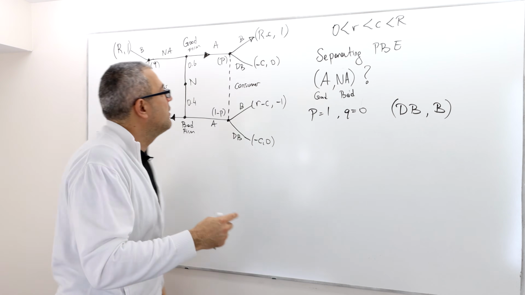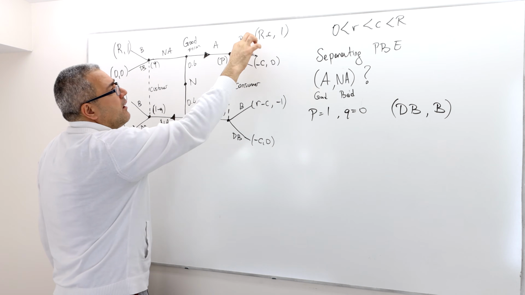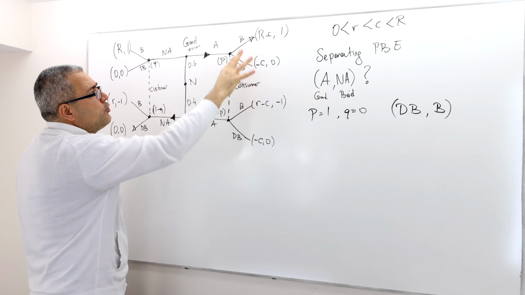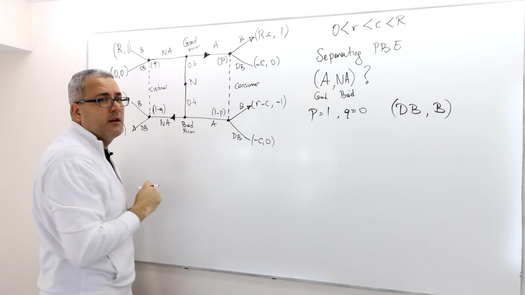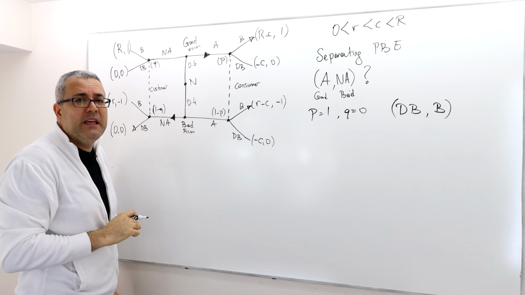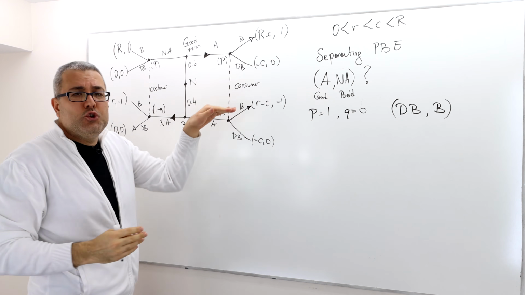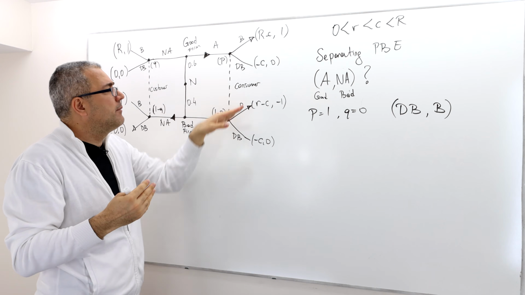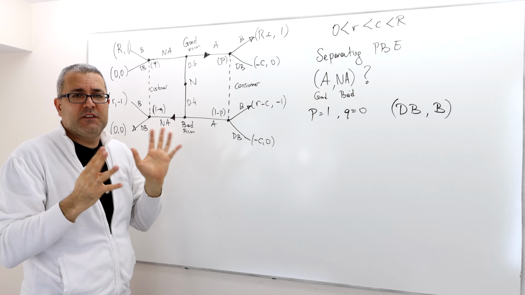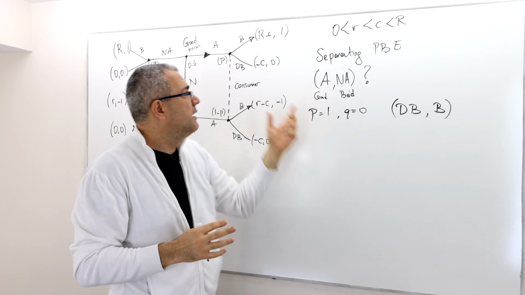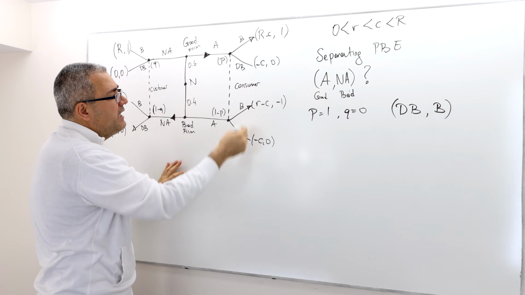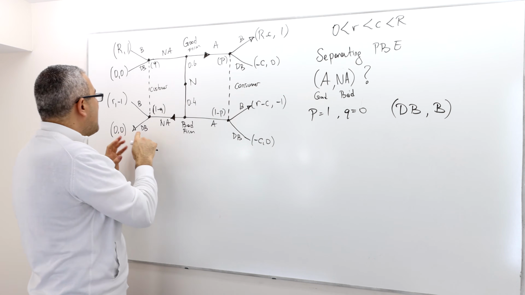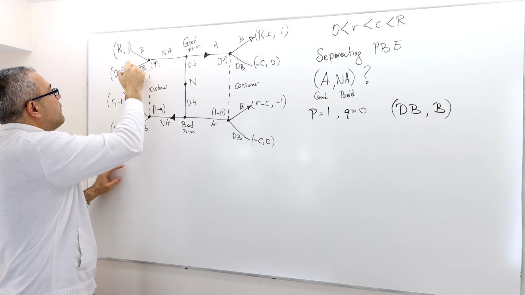So remember, here the consumer is buying, so also put an arrow to B. Why is that? The consumer cannot distinguish these two decision nodes, and so she's going to buy whenever she sees an advertisement. This is what B here means, and DB in both of here.